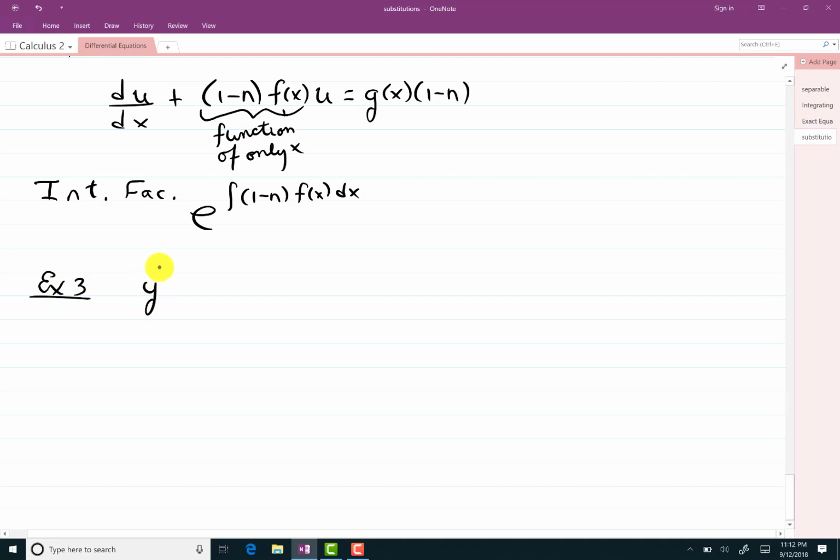Let's do an example. y to the 1/2 dy over dx plus y to the 3/2 equals 1. And I will divide everything by y to the 1/2, and I'll get dy over dx plus y to the 1 equals y to the negative 1/2.